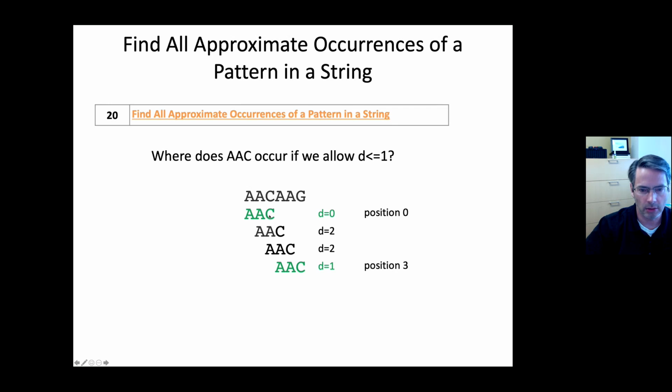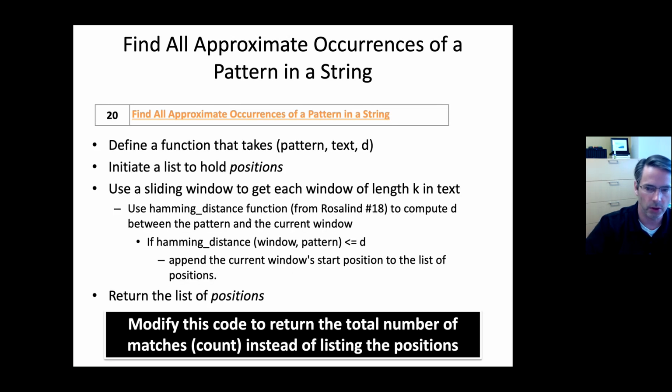We send that and call it sequence 1 if you want, and then AAC, the first window in our sliding window, call that sequence 2. And remember the Hamming distance function, if you go back to 18, it takes 2 sequences. So those are our 2 sequences that we're going to feed into the Hamming distance function.